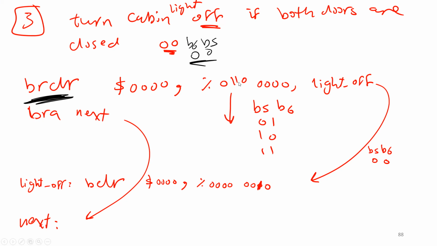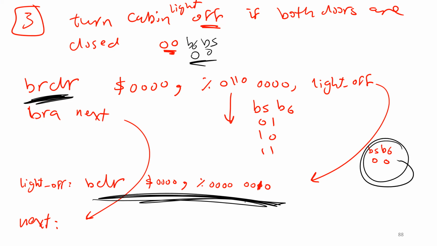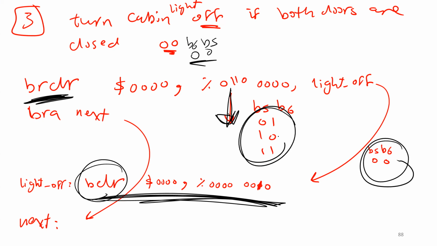If these two bits are clear, it's going to come here, to turn the light off using bit clear. If not, any other value, I'm gonna come here and then skip this one.